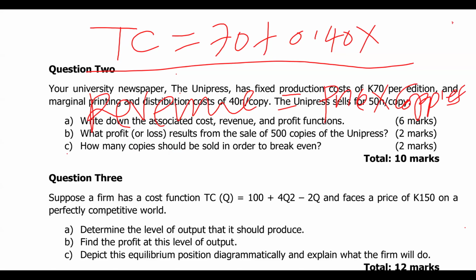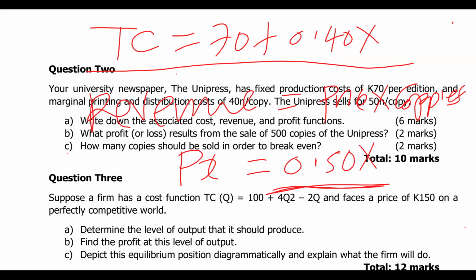In this case, the copies is X, so it will be PX, which is equal to, our P is 15 ngwe, which is 0.50, times X. That is our revenue function. We have found our revenue function.